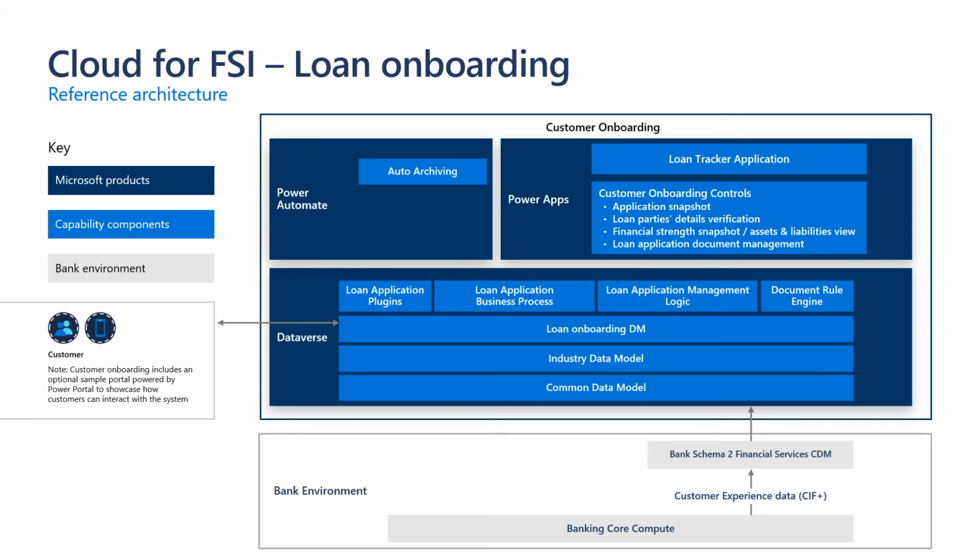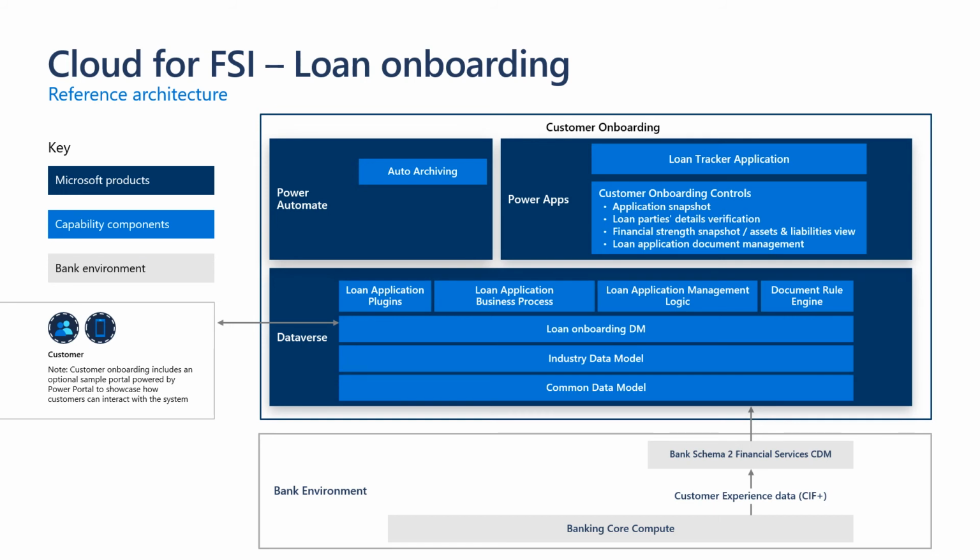Loan onboarding reference architecture includes key Microsoft products, capability components, and the bank environment. The core here is the bank environment, which is connected to the Microsoft products through Dataverse, Power Automate, and Power Apps.